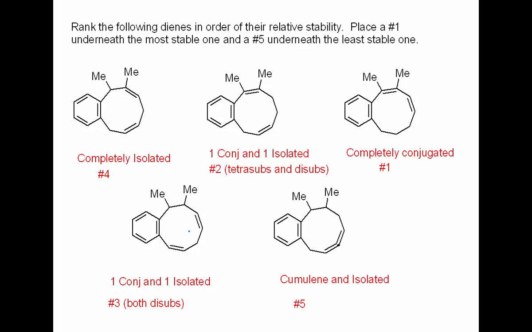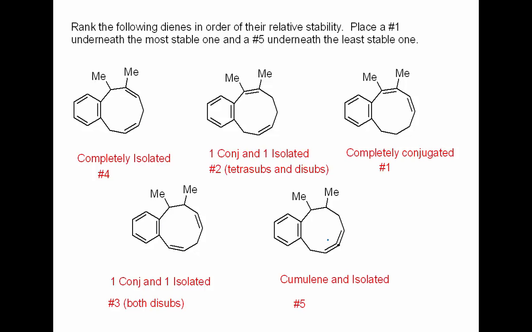Number 4 is the isolated. It's the one with isolated double bonds. And number 5 is the one with accumulating. So it's fully conjugated, partially conjugated but a better alkene arrangement, partially conjugated, isolated, and accumulating.